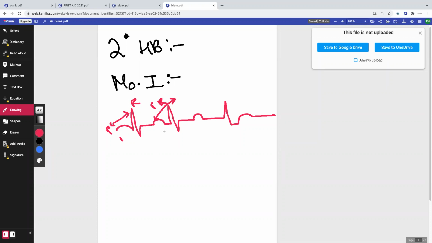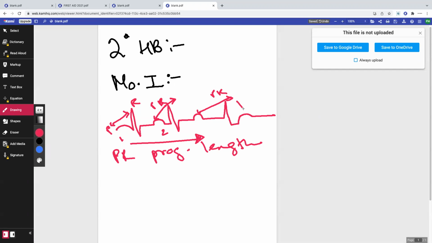This PR is longer. And this PR is smaller than this PR, yes or no? Can we say that the PR is progressively lengthening? Progressive lengthening of the PR. The PR distance will keep on increasing as we go this way. And then all of a sudden, there will be a beat drop.